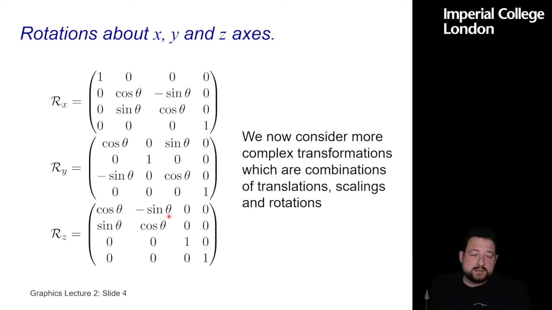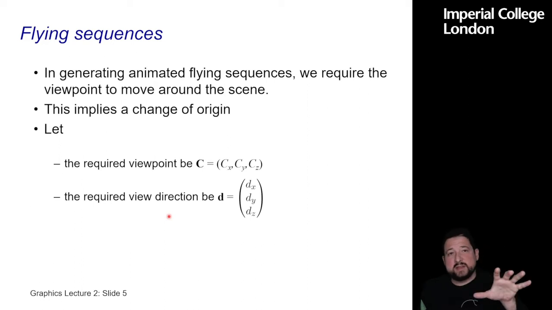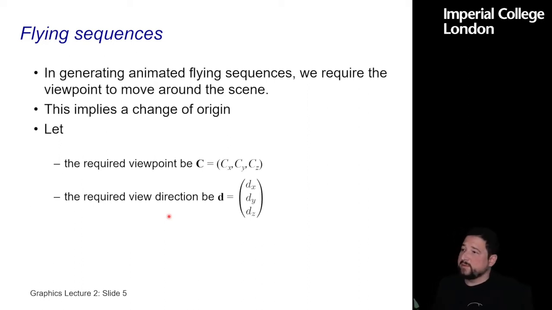So let's consider a few more complex transformations. Something we probably want to do in, say, flying scenes, where my camera moves around and looks at the scene from different angles.